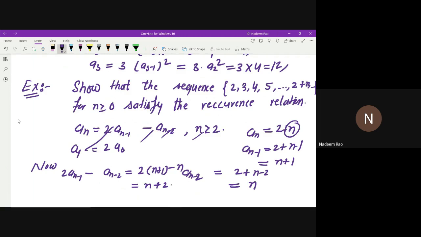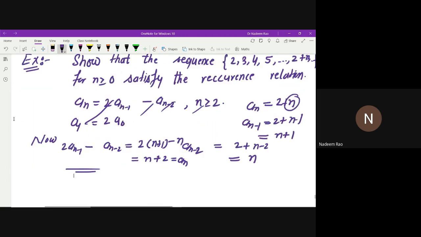And that is nothing but a_n. Hence satisfied. Okay, which is the proof of the above relation.